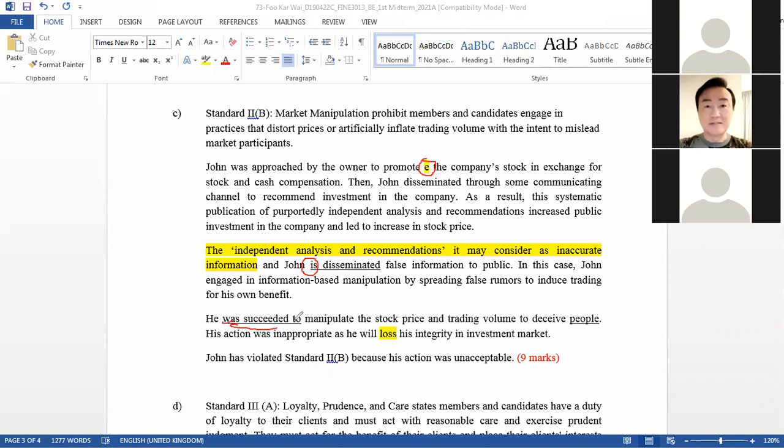He succeeded in manipulating the stock price and trading volume to deceive people, to deceive investors. Come on, be more specific. His action was inappropriate as he will lose his integrity in the investment. You know the difference between lose and loss? Loss is a noun, lose is the word to use, right? As he will lose his integrity.